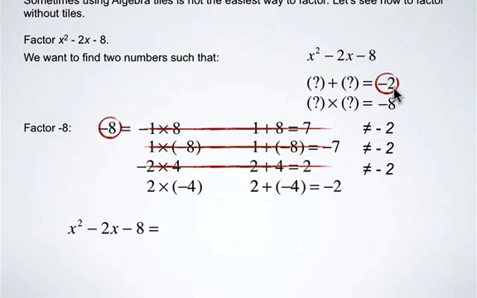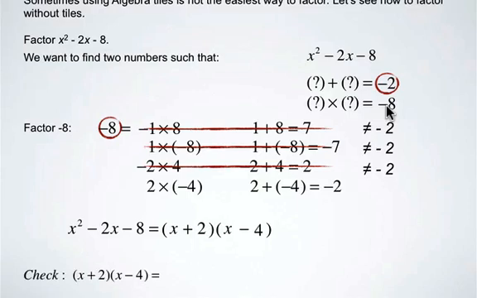That's the one we were looking for. So, we begin by putting an x at the start of each of the two brackets. And then we put in the factors that we used that will give us a sum of negative 2 and a product of negative 8. 2 and negative 4. There's our factored form. But we'll check it to make sure.